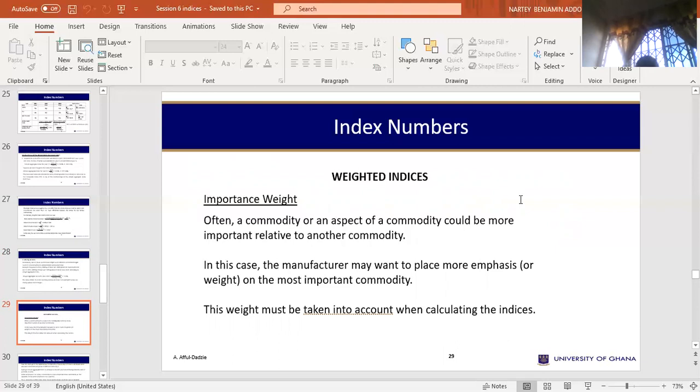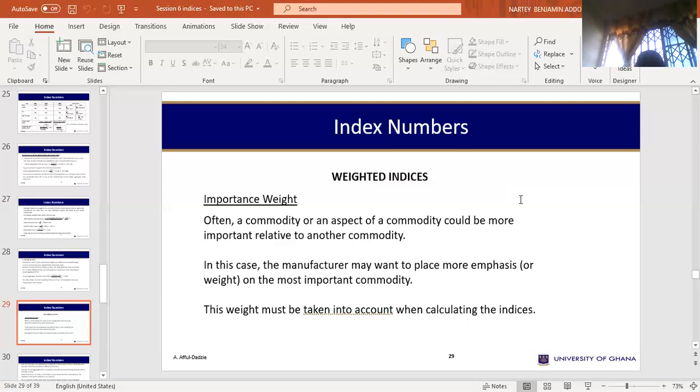Importance of weight. Often a commodity or an aspect of a commodity could be more important relative to another commodity. For example, if we are laying much emphasis on the quantity compared to the price, or more emphasis on bread compared to butter, the manufacturer may want to place more weight on the most important commodity.